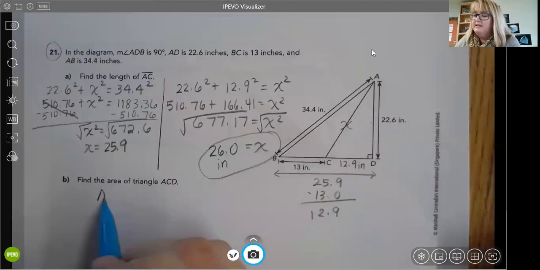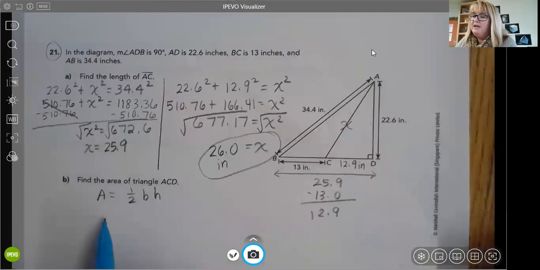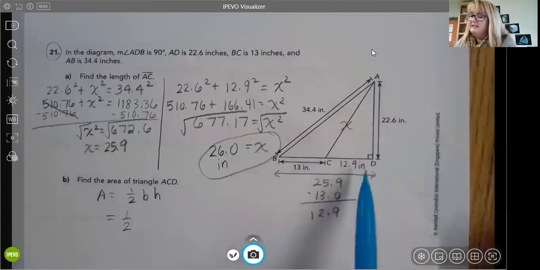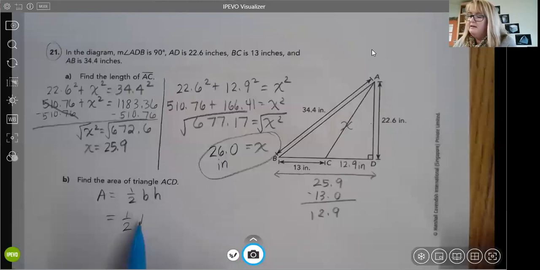Well, area is 1/2 base times height. So we're going to put in there what we know. We're finding the area, we know 1/2. The base, this is the base, this is the height. The base is 12.9 times 22.6. All right, I'm just going to put parentheses around that.